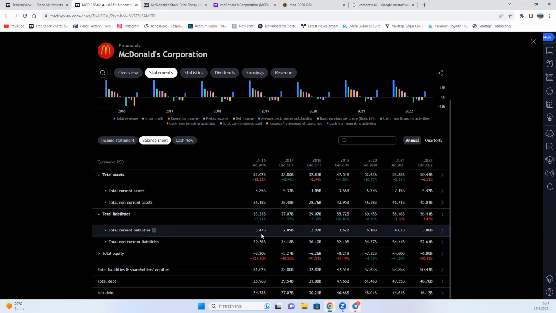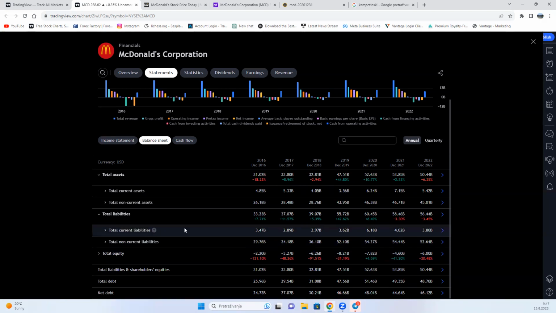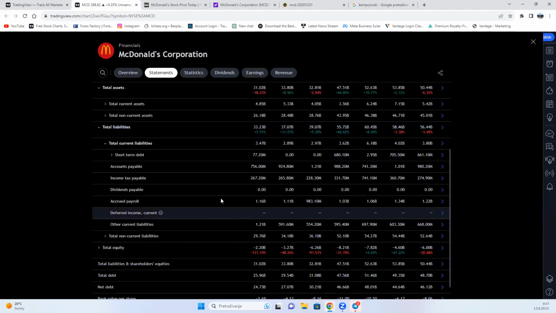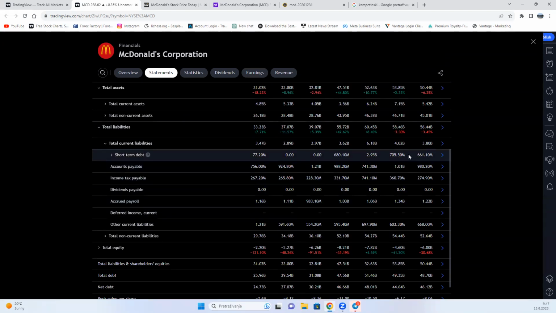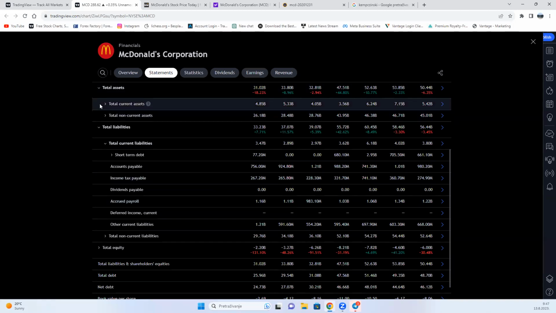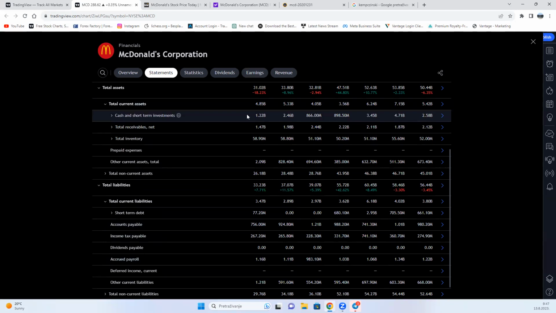Total liabilities, current liabilities represent the debt that is due in 1 year versus non-current liabilities that come later. Okay, so we can even digest it into details. I want to just see something. Short-term debt is 705 million. Let's see, total current assets. Yeah, it's okay. So this company is not going to go bankrupt.